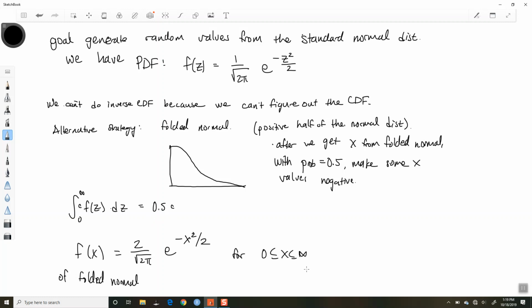Now I want to be able to generate values from this distribution, but again, we don't have the inverse CDF method, so one thing we can do is rejection sampling. In this case, I cannot use a uniform proposal. What's the problem with trying to use a uniform proposal? It goes to infinity, right?